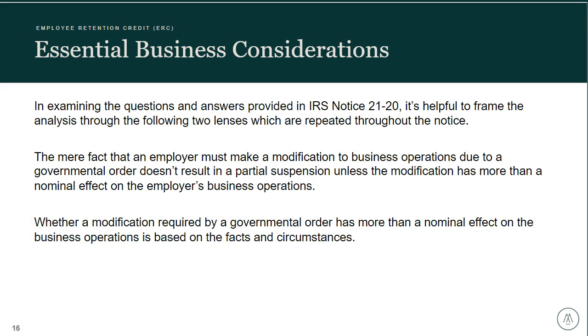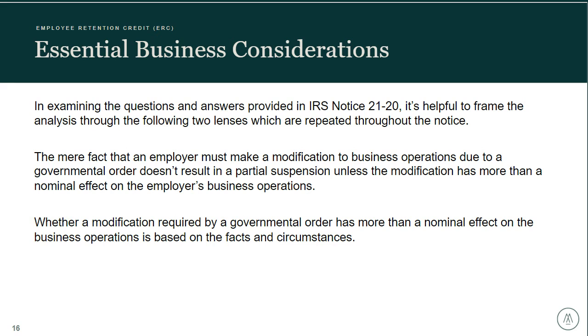And we'll talk about what that means in later slides, but I think it's fair to say everyone was impacted to a greater or lesser degree due to COVID and our business operations. But we have to be able to tie a government order to that impact in a way that we can tangibly demonstrate impact of the business.